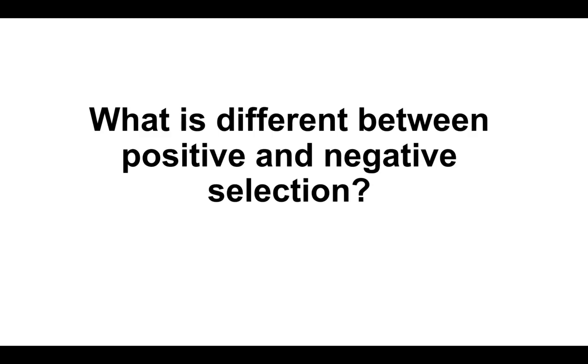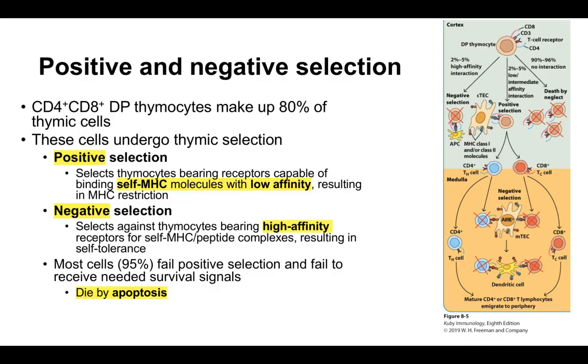What is different between positive and negative selection? So when we look at T cells and how they go through positive selection, this is so that they'll interact with and bind to MHC molecules with low affinity. And if they bind to self-MHC with peptides with a high affinity, that's when they're negatively selected for, and then will die by apoptosis, because we don't want to have T cells that are binding strongly to self-antigen.